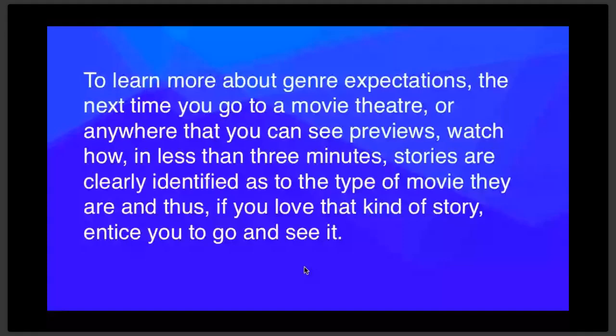So to learn more about genre expectations, the next time you go to a movie theater or anywhere that you can see previews, watch this: how in less than 3 minutes, stories are clearly identified as to the type of movie they are, and thus, if you love that kind of story, entice you to go and see it.